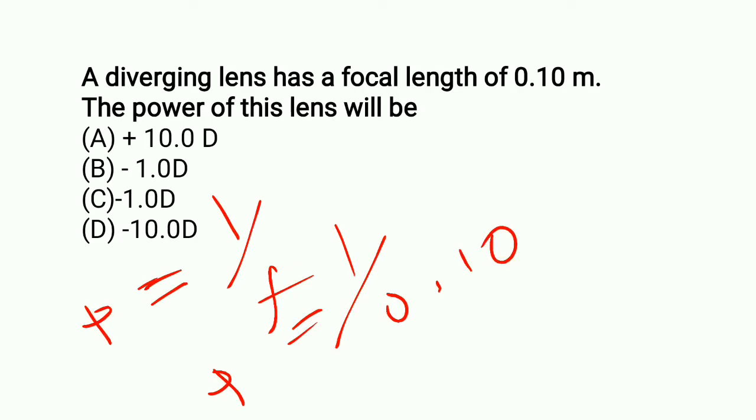Here we have to note that as it is the diverging lens, the focal length is negative, so we have to take the minus sign. So simplify this one, you will get minus 10 diopter. So option D, minus 10 diopter is the correct answer.